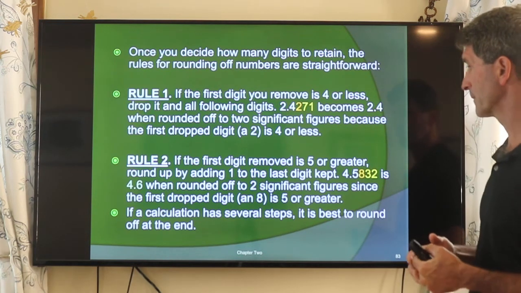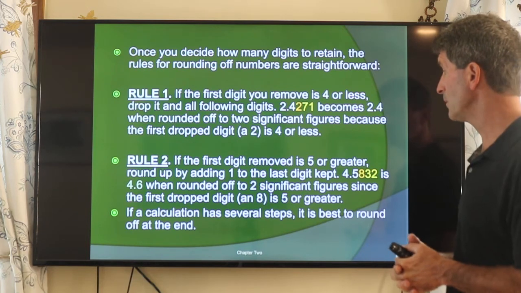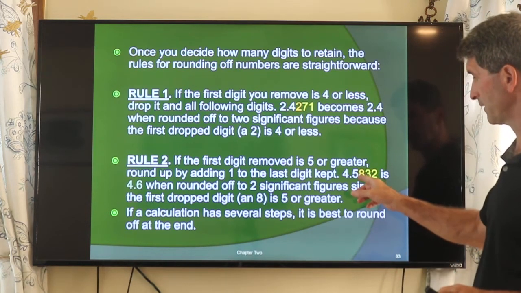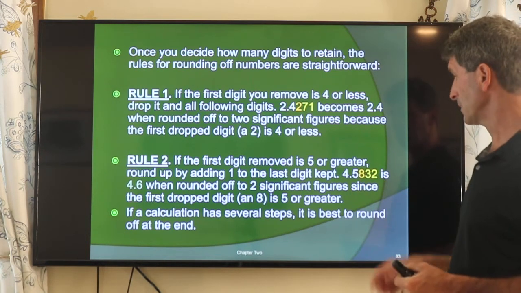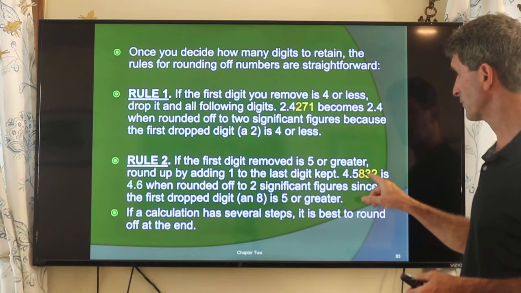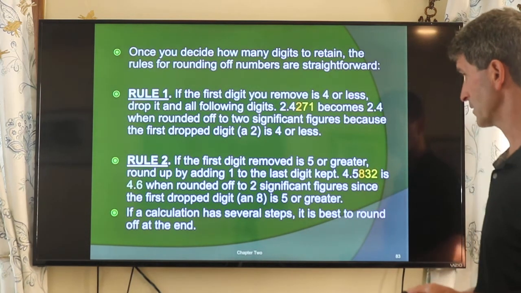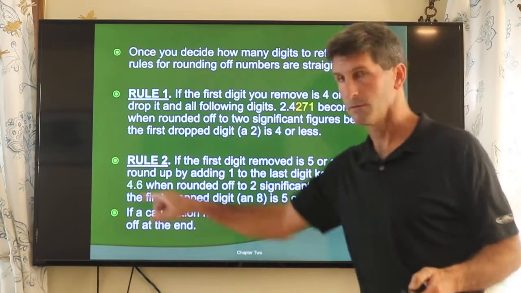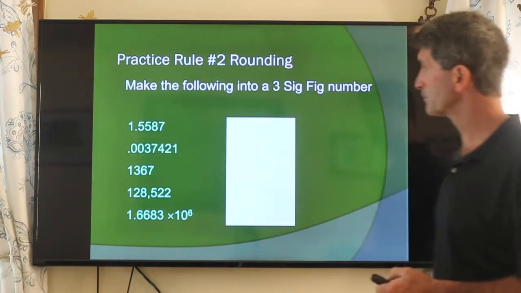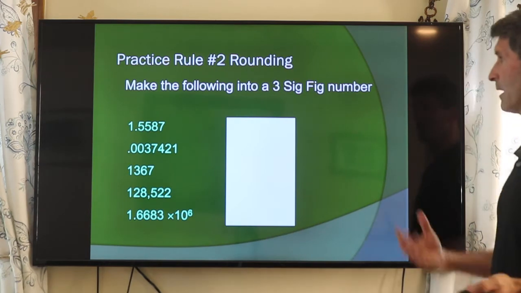Here's another one. If the first digit removed is a 5 or more, cutting it off at the 8 right here, then you round up. So 4.5832 gets bumped up, and our answer becomes 4.6. Again, rounding off's easy.